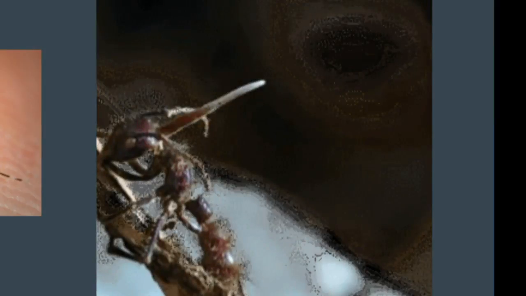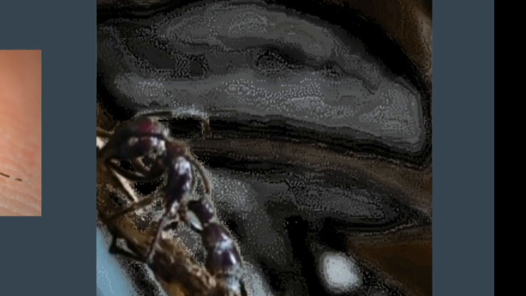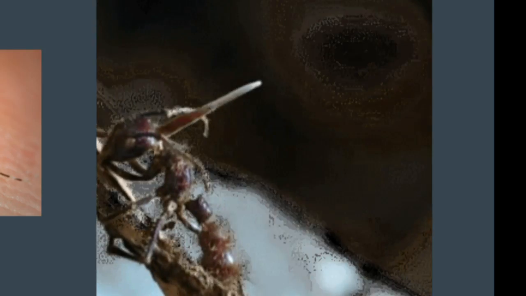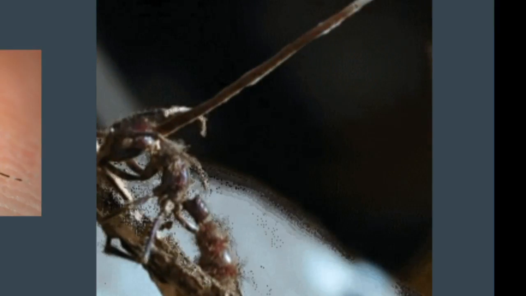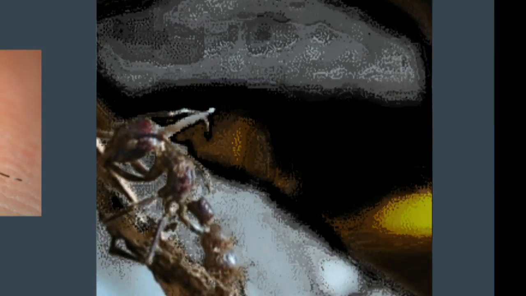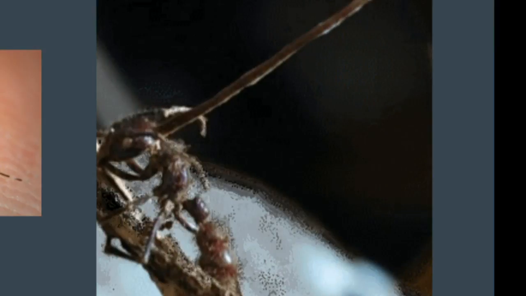But basically what happens is this fungus gets into the ant, and the ant goes crazy. And the ant just needs to climb to the tallest, highest place it can. And then once it gets there, it dies. And this cordyceps fungus, kind of like a mushroom almost, starts growing out of the ant's head. And then, I don't know if you guys know a lot about mushrooms and things like that, fungus, but they release spores.